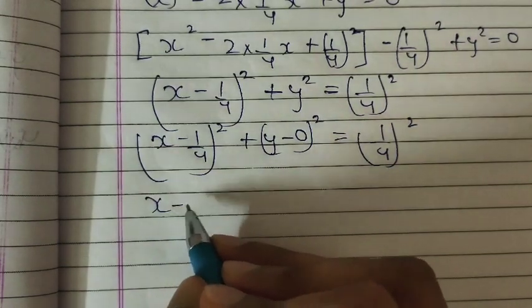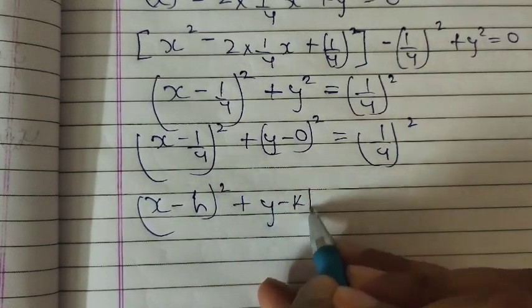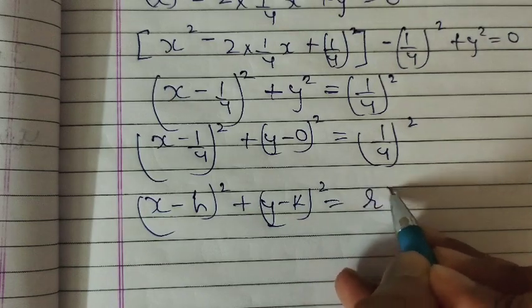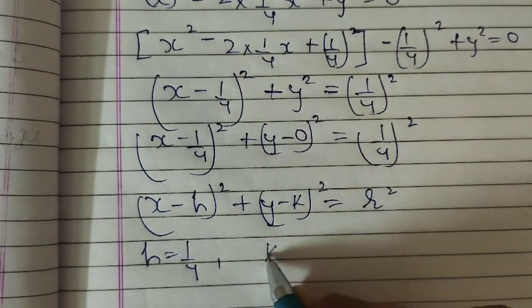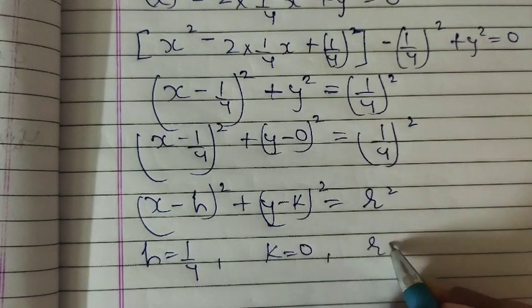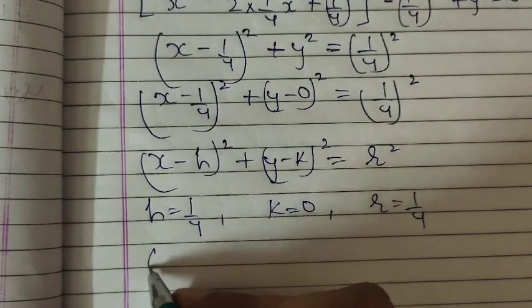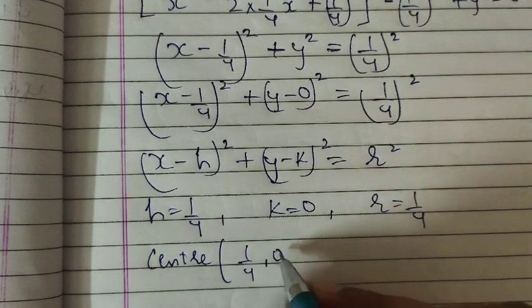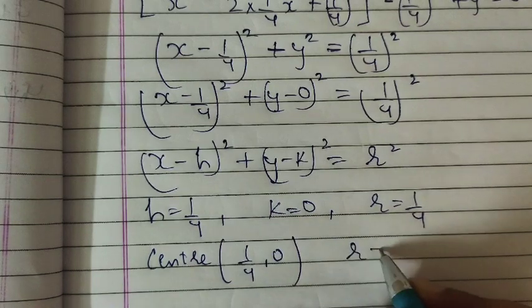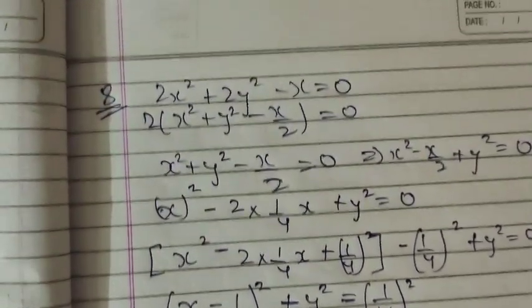Comparing it with (x minus h) whole square plus (y minus k) whole square is equal to r square, we get h is equal to 1 by 4, k is equal to 0 and r is equal to 1 by 4. So the center will be (1 by 4, 0) and the radius is 1 by 4. So this is our answer to question number 8.